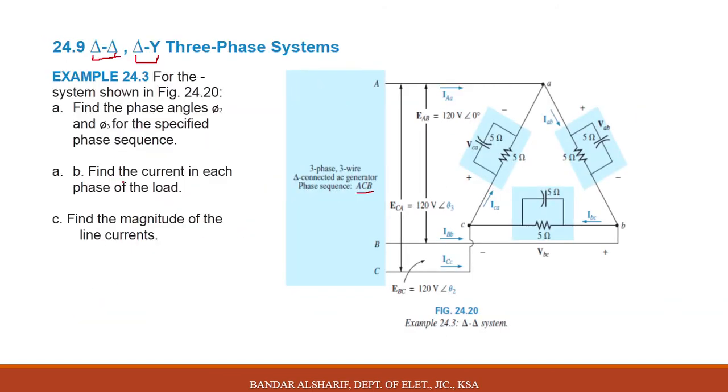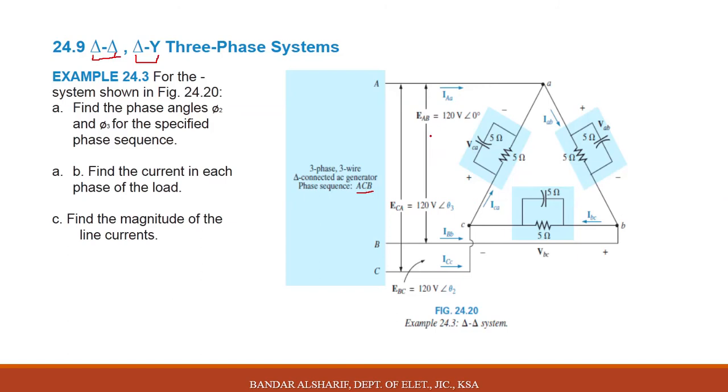Okay. For part B, find the current in each phase of the load. We need to find the phase current, which is IAB small, IBC small, ICA small. How to find this?